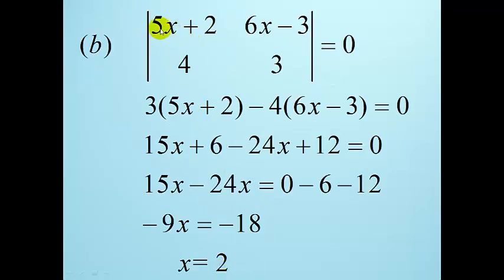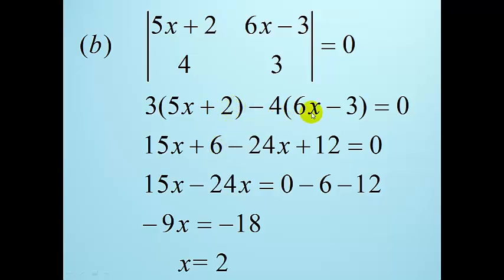Now B, the determinant of 5x plus 2, 6x minus 3, 4, 3 is equal to 0. So let's find the determinant. It's 3 times 5x plus 2 minus 4 times 6x minus 3 is equal to 0. 3 times 5x is 15x. 3 times 2 is 6.